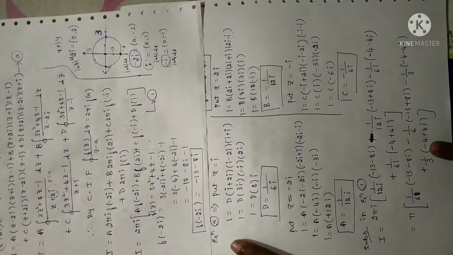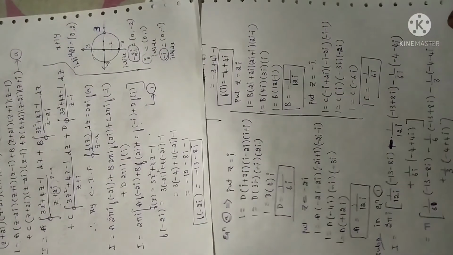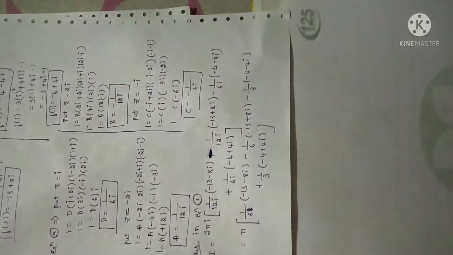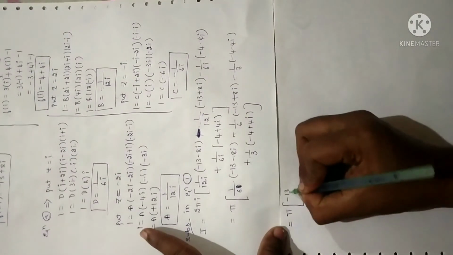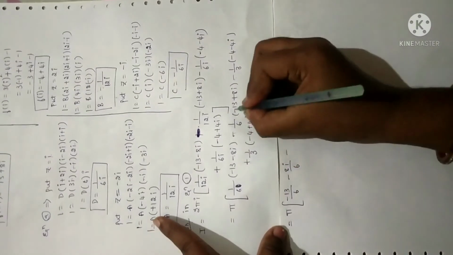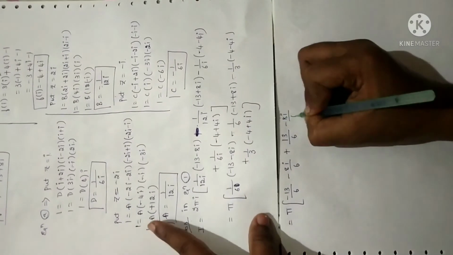Fine. Now I will just group the terms which are similar so as to take LCM easily. What you're going to get is pi into, I'm going to multiply, minus 13 by 6 minus 8i by 6, minus of minus is plus 13 by 6 minus 8i by 6. You have to take care of signs.